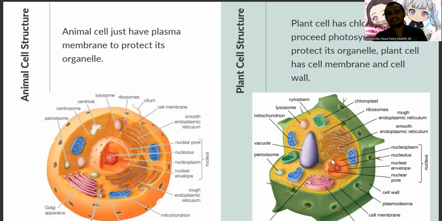Different from the animal cell, the plant cell has more protection because it has a cell membrane and a cell wall. Because the cell wall is thicker than the membrane in an animal cell, it is more rigid and not flexible compared with the animal cell.